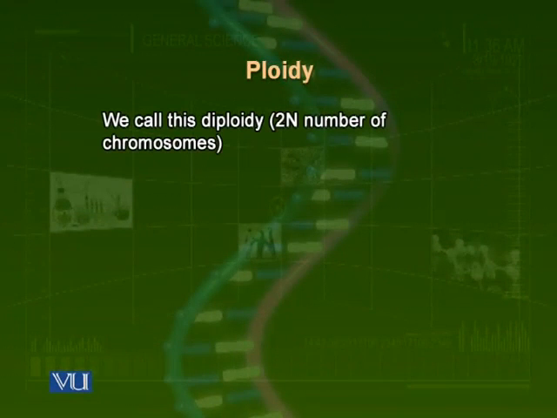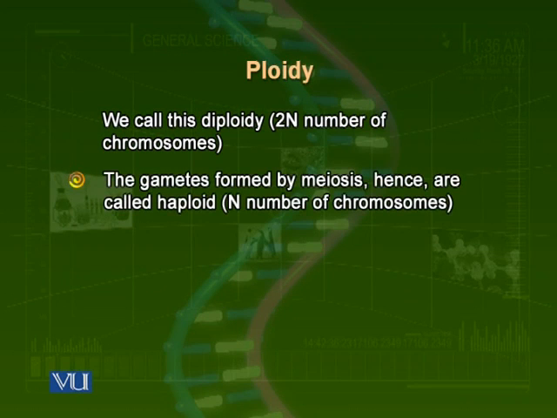Animal cells and many of the plant cells are diploid. Their germ cells are diploid, and when they divide for sexual reproduction into sperms and eggs, they become half in their number, divided by meiosis, and we call them haploid. But some plant cells have even more sets of chromosomes.